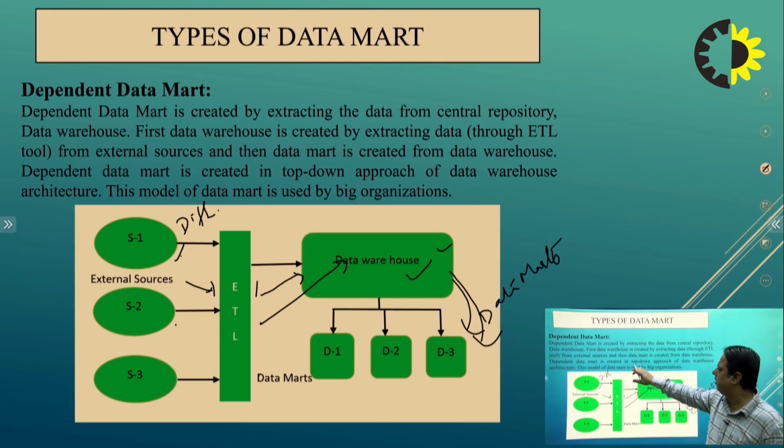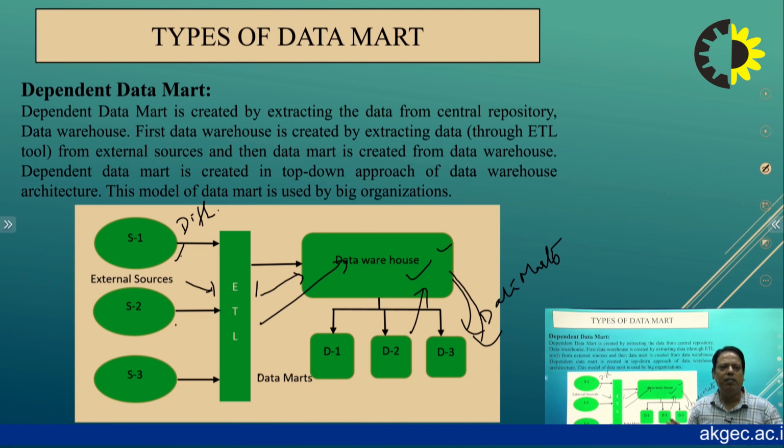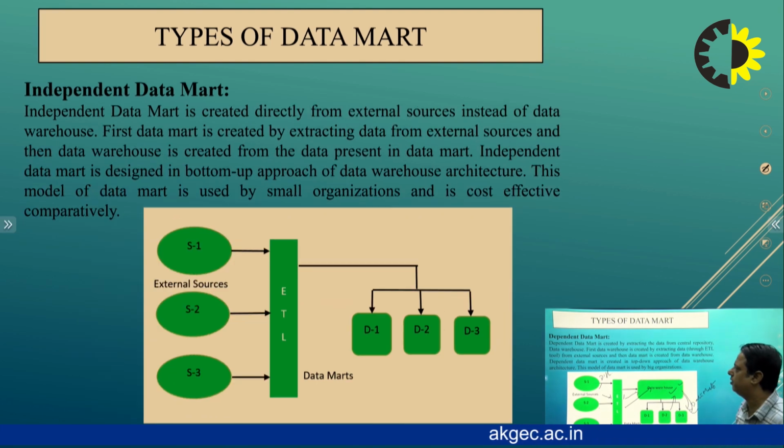A dependent data mart is created on a top-down approach in the data warehouse architecture. This model of data mart is used by big organizations. Dependent means the data mart is fully dependent on the data warehouse, because after completing the loading process in the data warehouse, we can create, organize and compute the data marts.